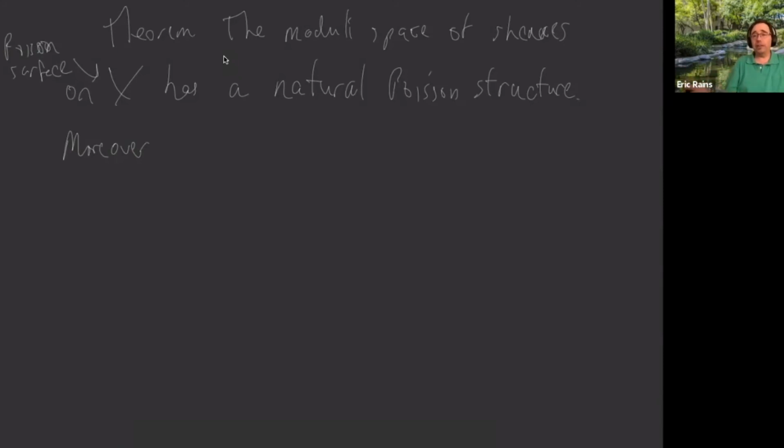And so you actually get a foliation by symplectic leaves. Now, one thing you lose in the algebraic setting is, if I just hand you a Poisson structure on an algebraic variety or an algebraic scheme, it's almost never the case that the symplectic leaf foliation is itself algebraic.